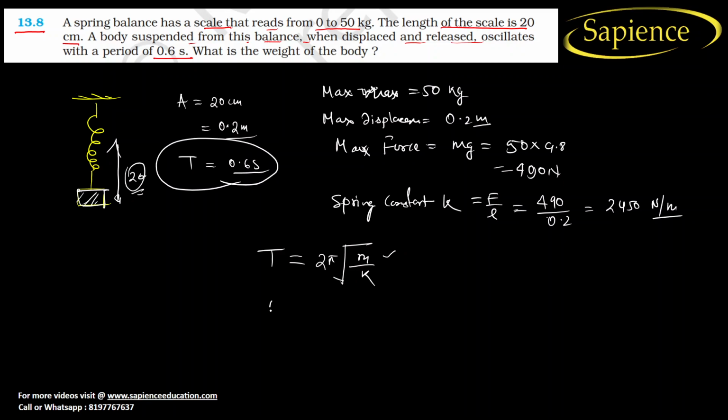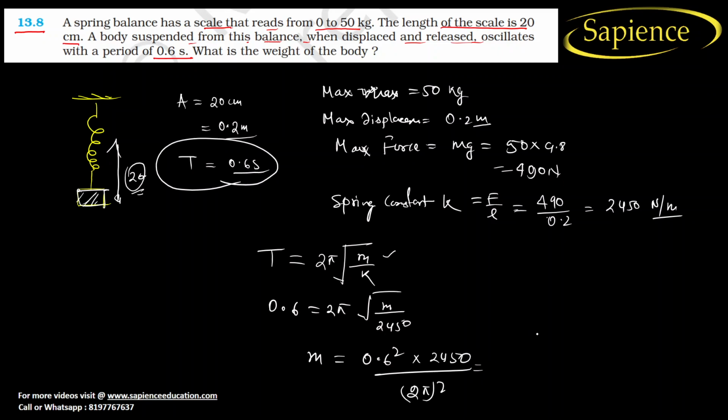So 0.6 is equal to 2 pi root under m by k, where k is 2450. So mass is equal to 0.6 whole square into 2450 divided by 2 pi whole square.